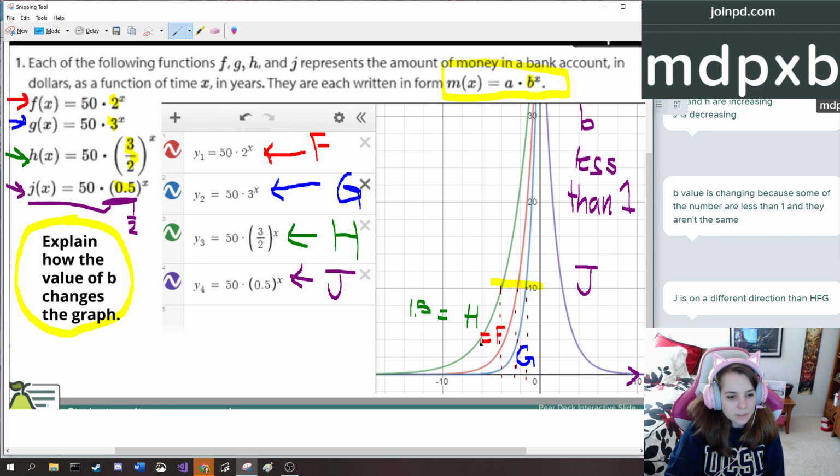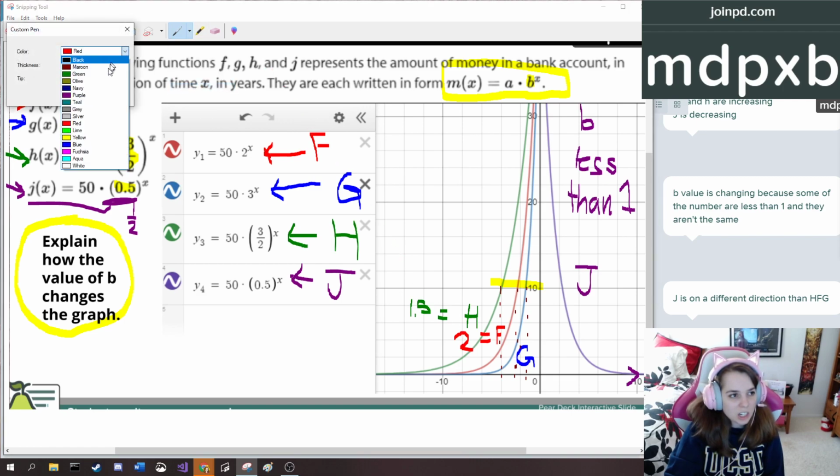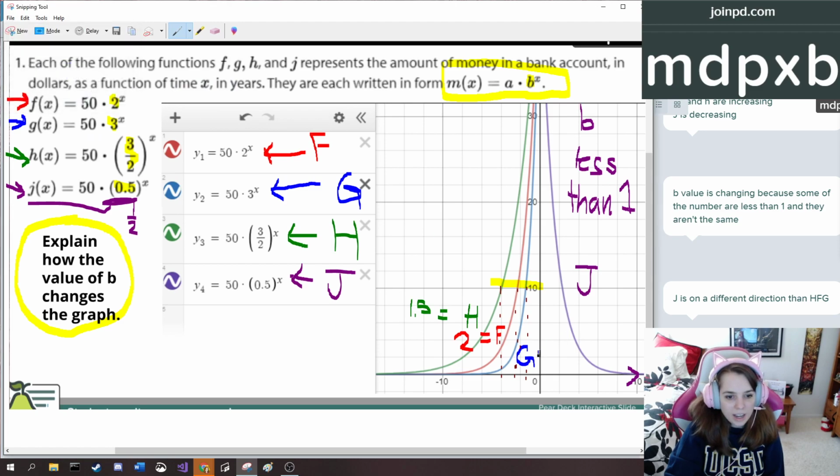F has 2 as its growth factor, and then G has 3 as its growth factor.